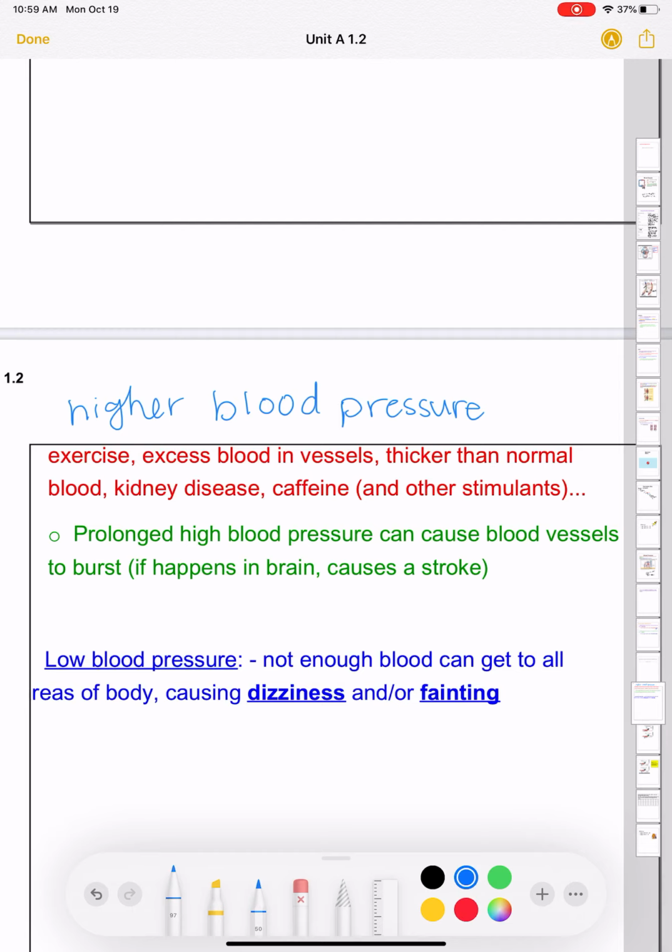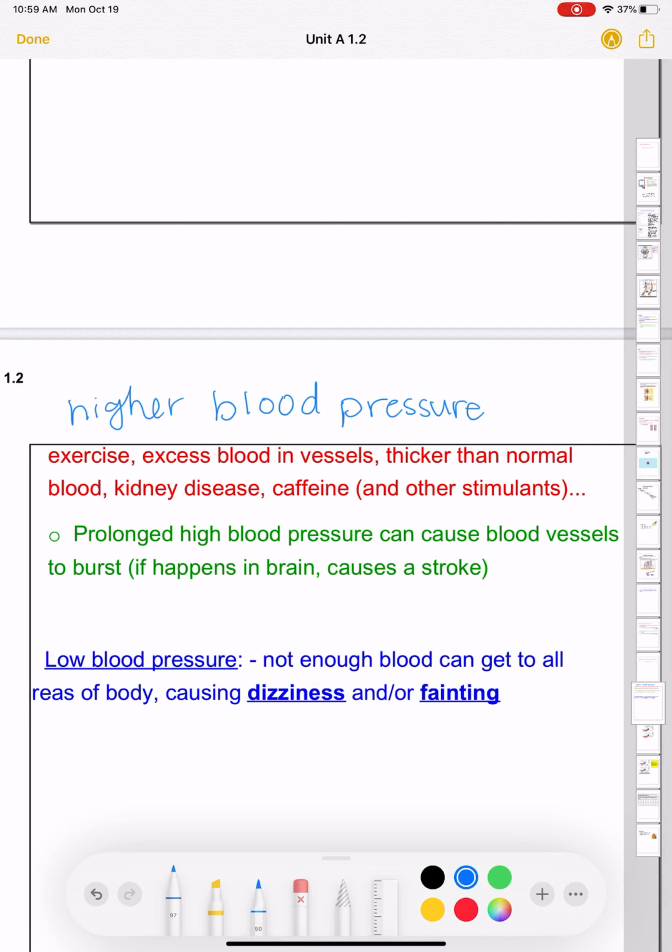If I go through these different things: exercise, so the more you move, the more pressure's on your arteries, just because your heart is going to pump faster to get more oxygen to your body. Excess blood in your vessels, so the more water you drink, the more blood is in your vessels.